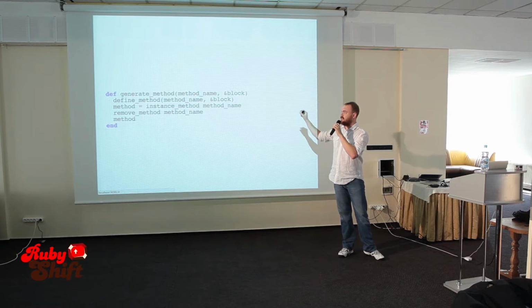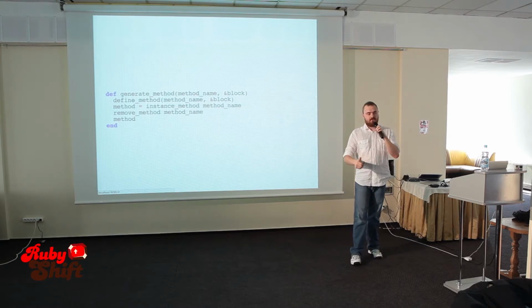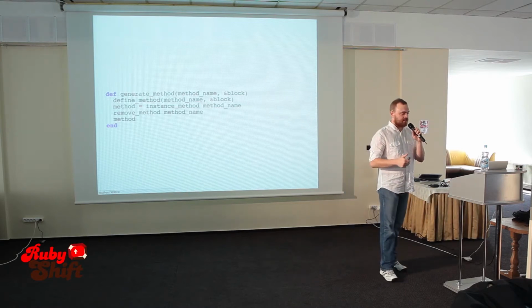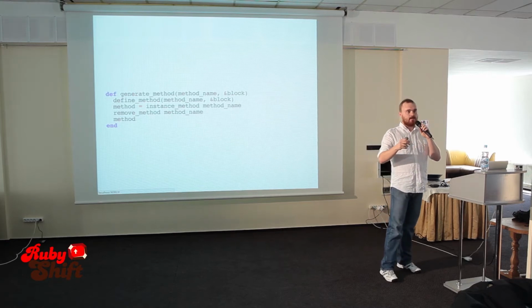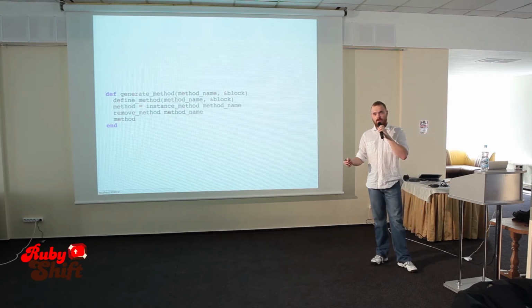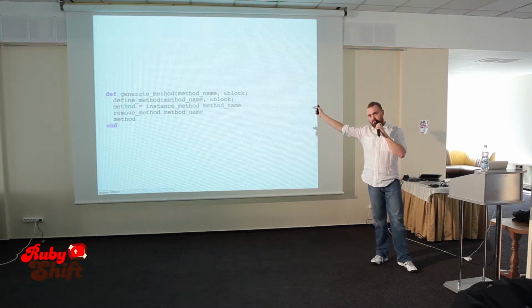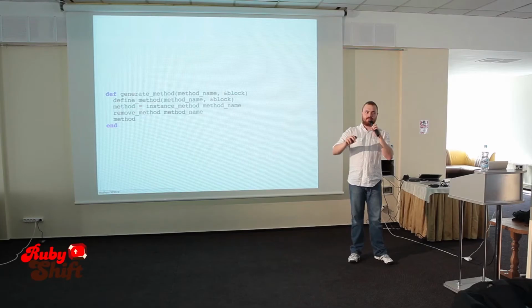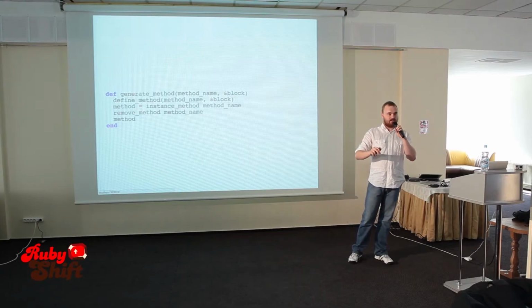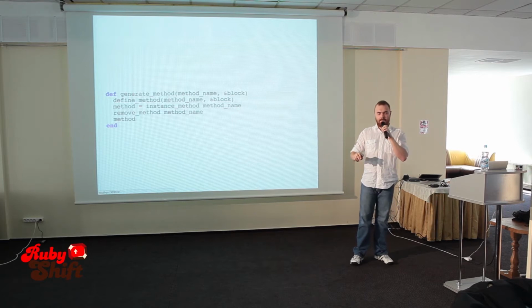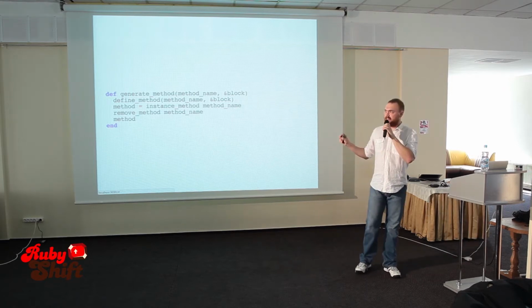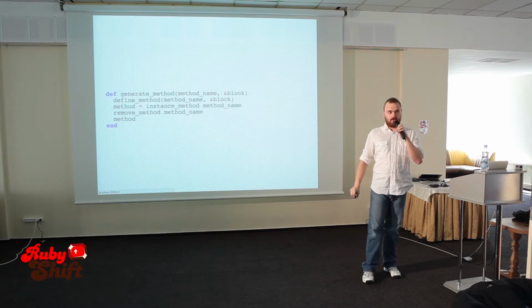Here is where the cleverness is. First of all, the method is defined with a method name and a block. It's a normal dynamic thing in Ruby that you can define a method whenever you want. In the second line, an instance of that method is created, and this instance is assigned to a variable called method.